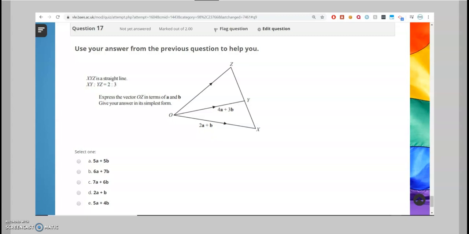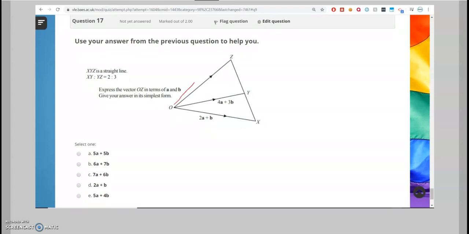So we need to express this one here, the vector OZ. We haven't got any information there, so we're going to have to go this way, from O to X, and then from X to Z. We know from the previous answer that XY is 2A plus 2B.